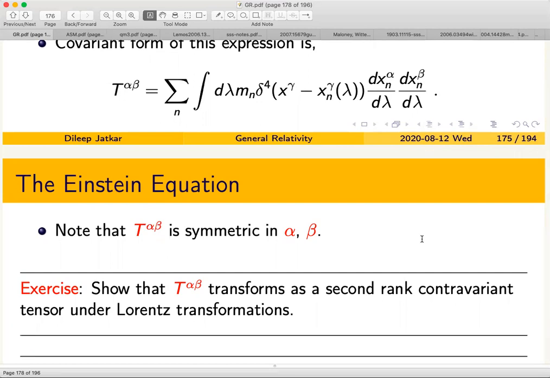T alpha beta obtained by Noether prescription, if you remember, is written as delta L by delta derivative of the field times the derivative of the field minus eta alpha beta times the Lagrangian density. That is how the energy momentum tensor is written.